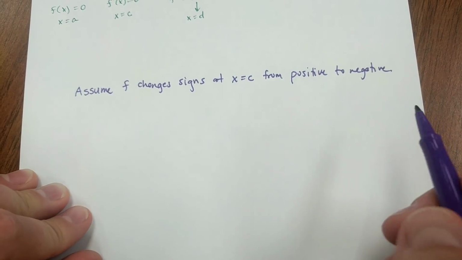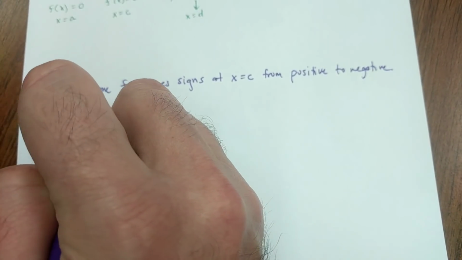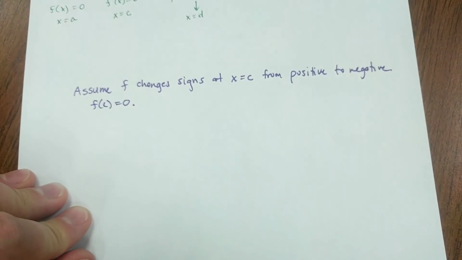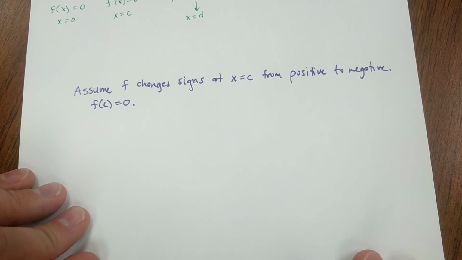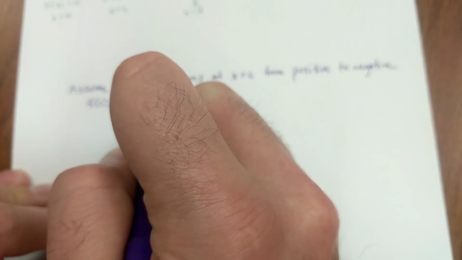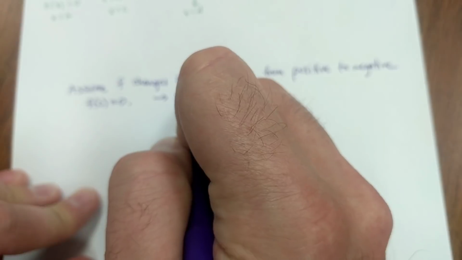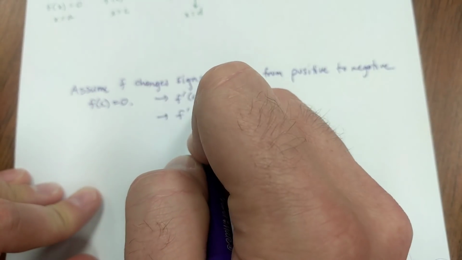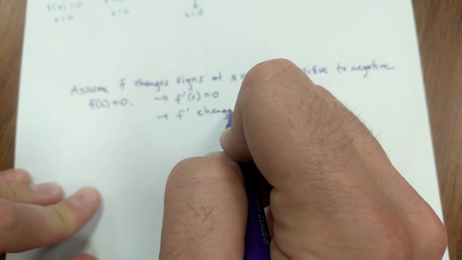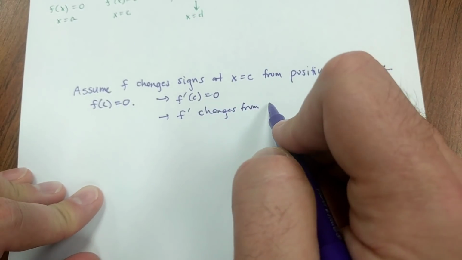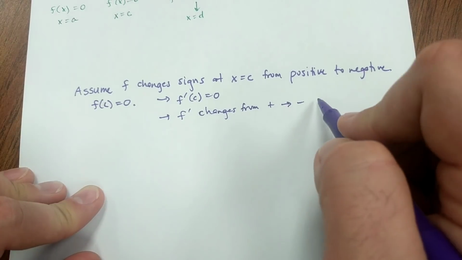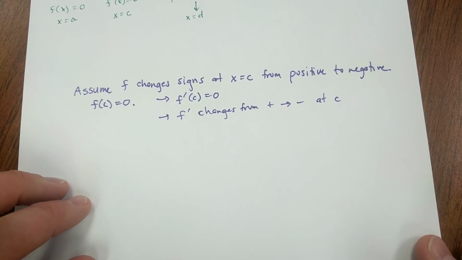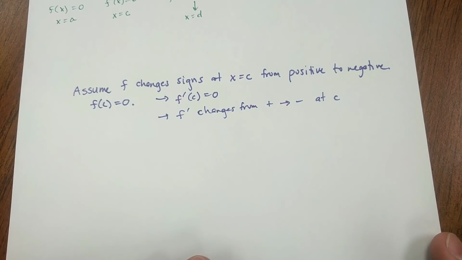So that must mean that f of c equals 0. And we're going to keep all the same facts as above. We know also that f prime of c equals 0, and we know that f prime changes from positive to negative at c. We know that to be true still, so we're going with all the same things we've been declaring here.